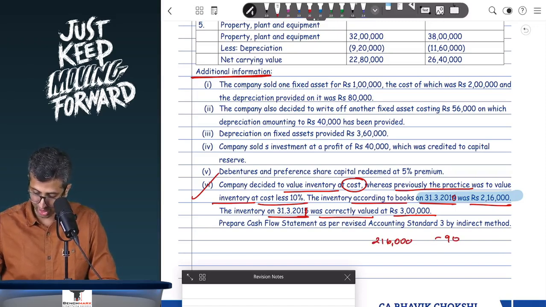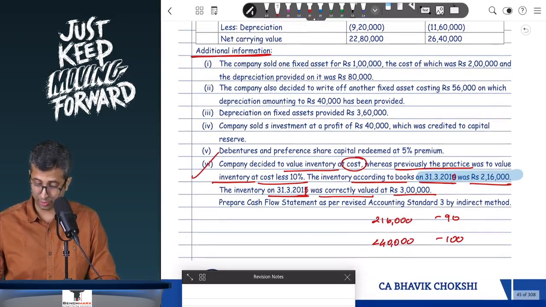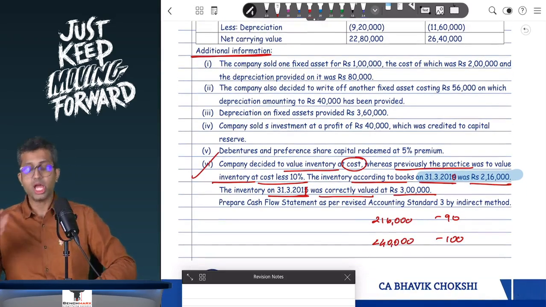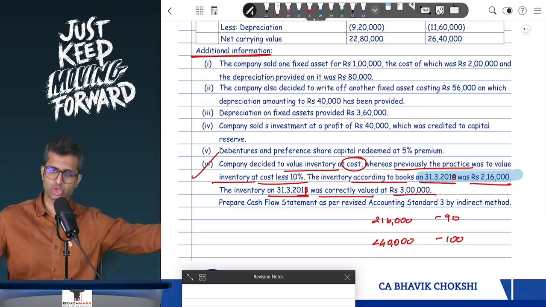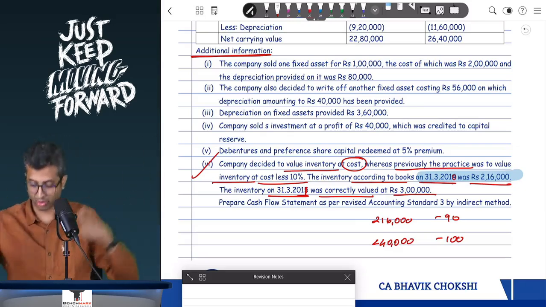This is equivalent to 90. Then 100 is how much? So 216 divided by 90 into 100. So this is 2,40,000. So your opening stock will increase by 24,000. But the second effect will go where? Well, if your stock increases, well, that is closing stock of the last year increases, the profit will also increase.